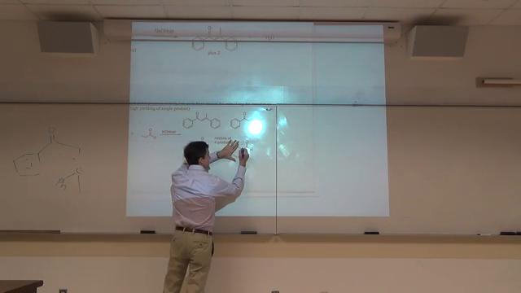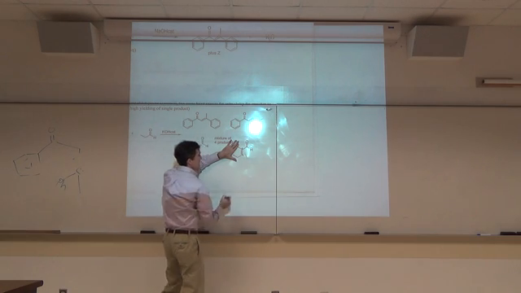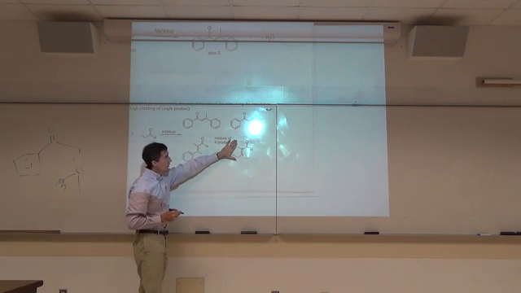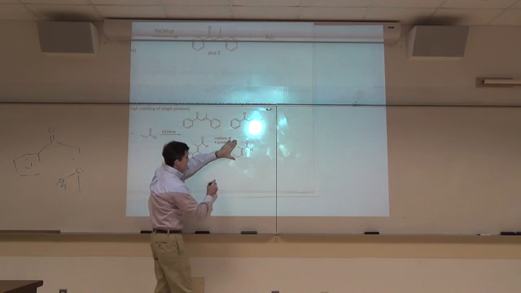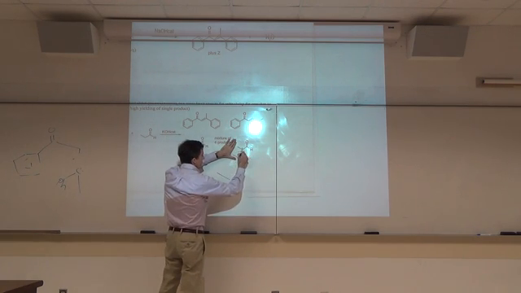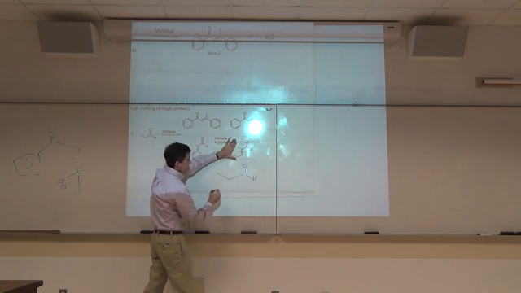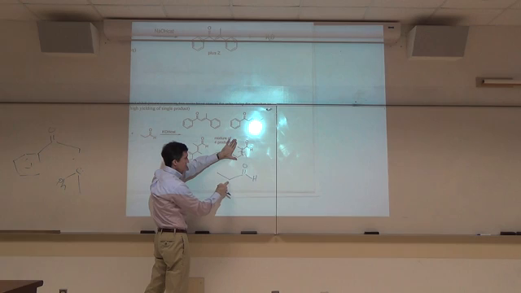Of the two carbons, the alkene A and B, which one was originally the enolate carbon? A. And what was B originally? Carbonyl. And we break that apart. Make that an enolate carbon. Now, how many H's do we put on that carbon?